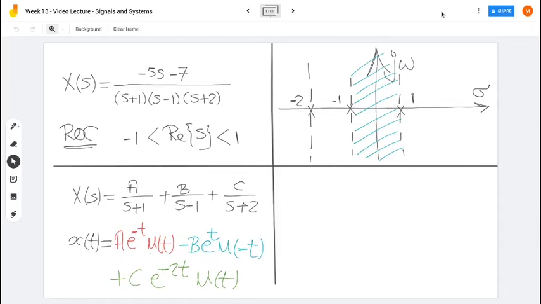One region of convergence could be real part of S larger than 1. The second ROC, which is the one we solved for, between minus 1 and 1. A third ROC between minus 2 and 1. And a fourth ROC less than minus 2. So we have 4 possible different solutions for this problem, depending on the ROC we have.